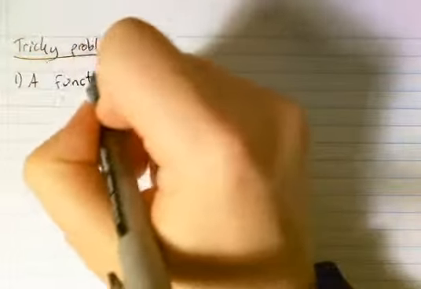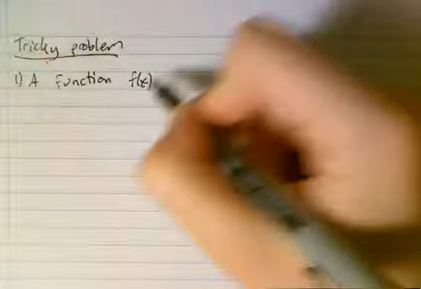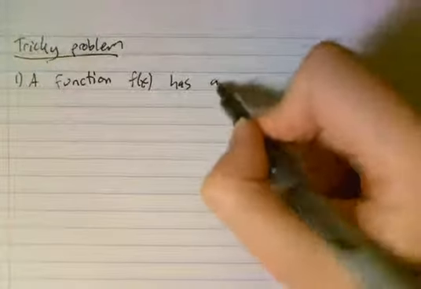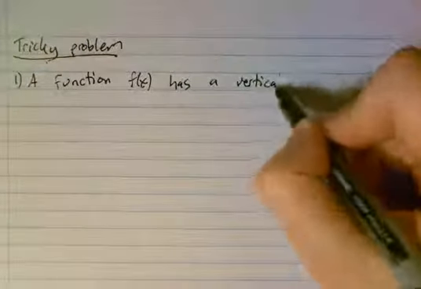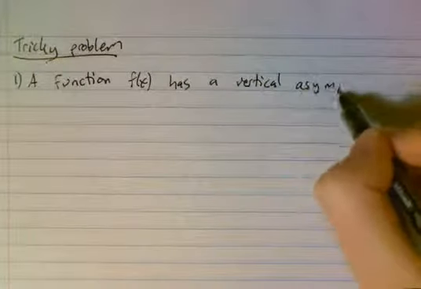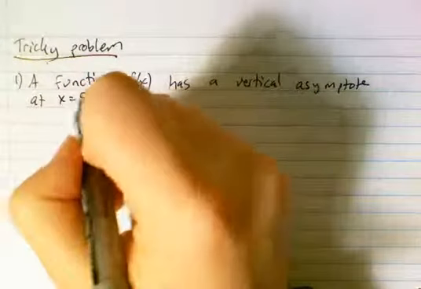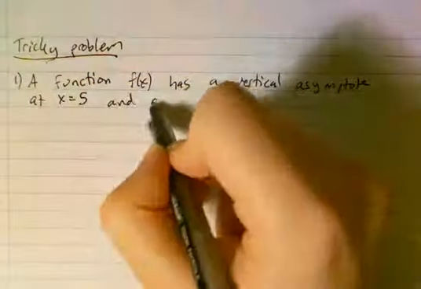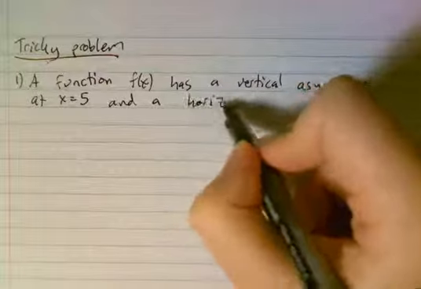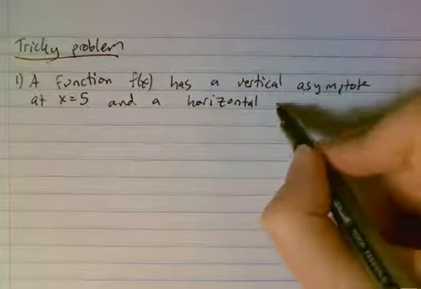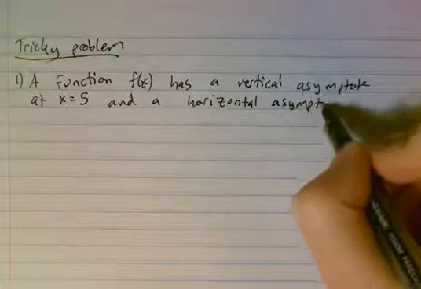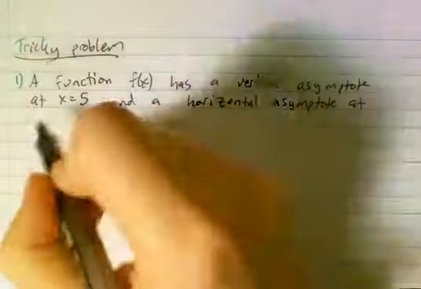A function f of x has a vertical asymptote at x equals 5 and a horizontal asymptote at y equals 4.